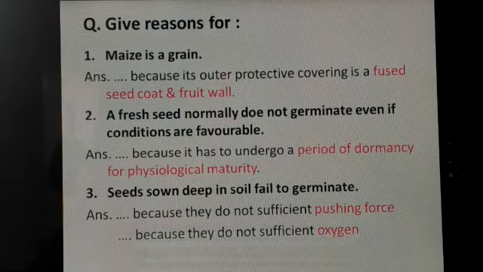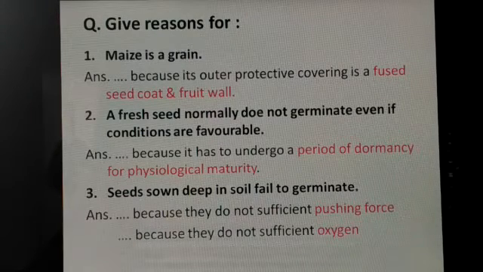Next question. A fresh seed normally does not germinate even if conditions are favorable. Now here you have to understand it very clearly. If a fresh seed comes out of a fruit and you immediately plant it into the soil, it takes some time, because any fresh seed has to undergo a period of dormancy.